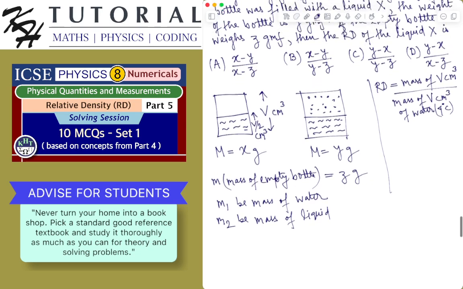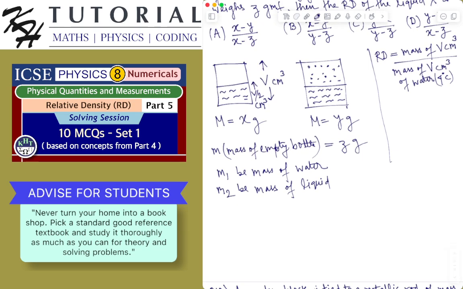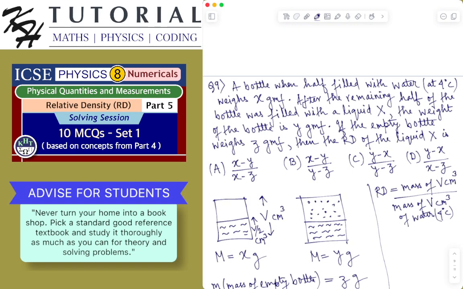Now, initially, what will be the mass of the empty bottle and the mass of the water? It will be small m, which we are denoting for the mass of the empty bottle, plus the mass of the water, m1. This should be equal to x, because the bottle half filled with water weighs x gmf, which means the mass of the empty bottle and the water is x gram.